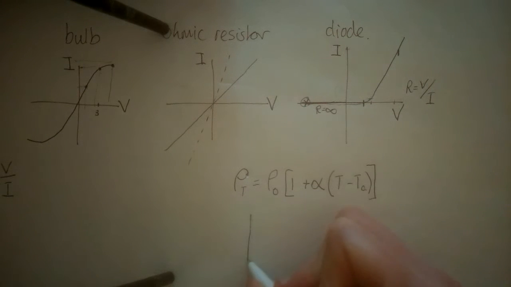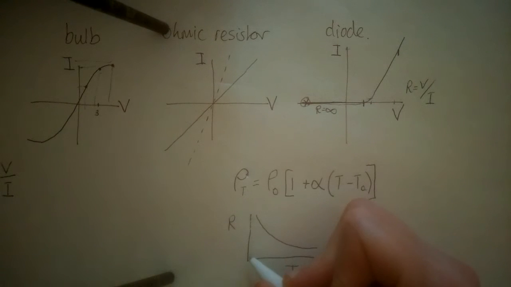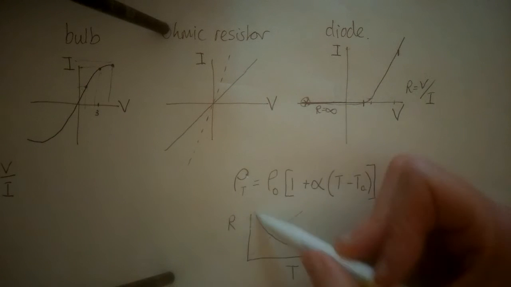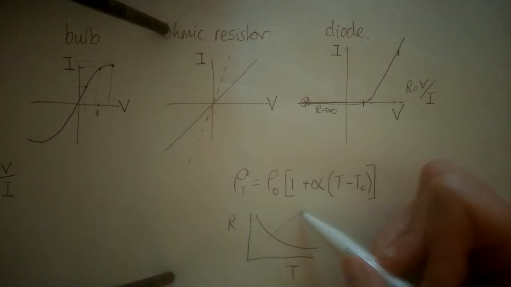So if we looked at resistance against temperature for a thermistor, it goes like that. Okay, if we looked at resistance against temperature for any sort of conductor, it goes like that, if that was an absolute scale. So you've got that graph you need to know, but be aware that thermistors are special and most things don't do that.